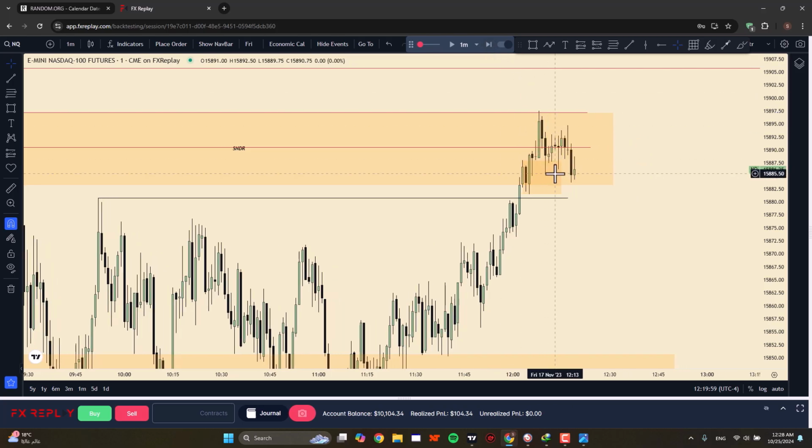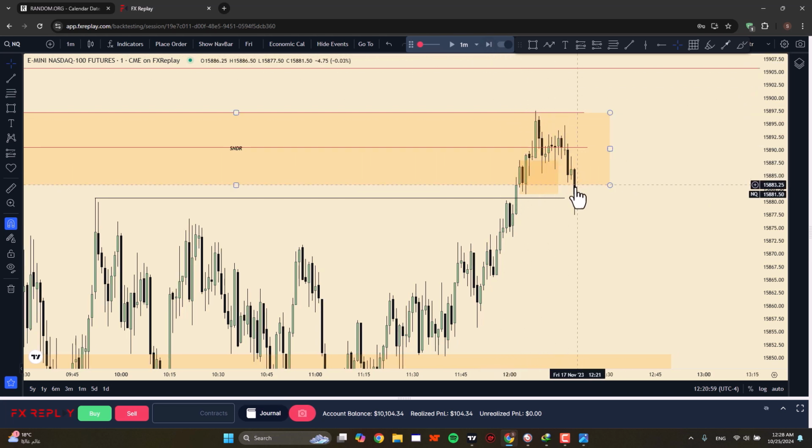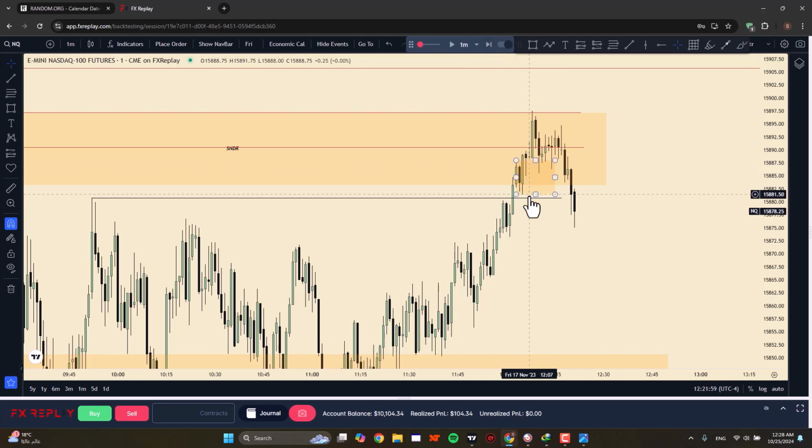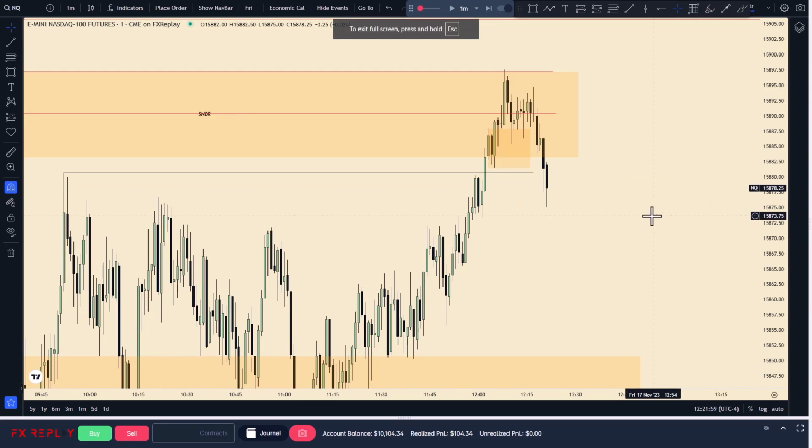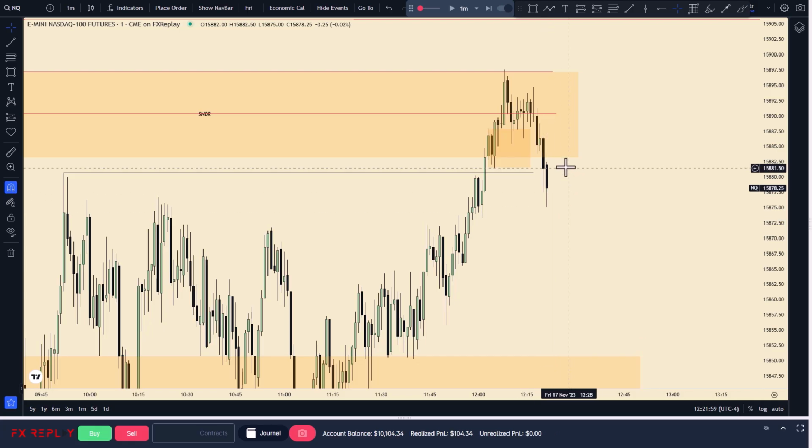Price puts in the second top into the zone. Okay, so now we have something interesting. We have the break of structure of this zone. Now let's see if we're gonna get a reaction or a pullback to, I'm interested in this SNDR right here.